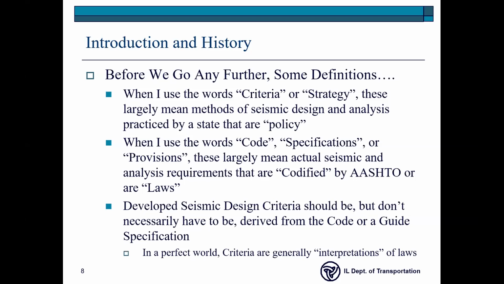And because seismic evolution happens so quickly, the codification, the lawmaking of seismic provisions, a lot of times is behind the actual evolution of design criteria. It's usually the reverse. So when you hear me talking about design criteria, I'm talking about stuff that isn't necessarily law, but when you hear me talk about the code or the guide specifications, those generally are law.